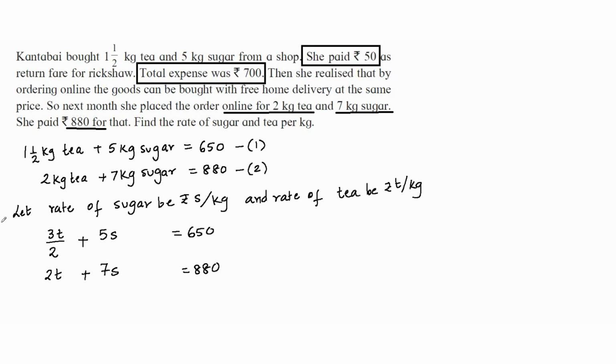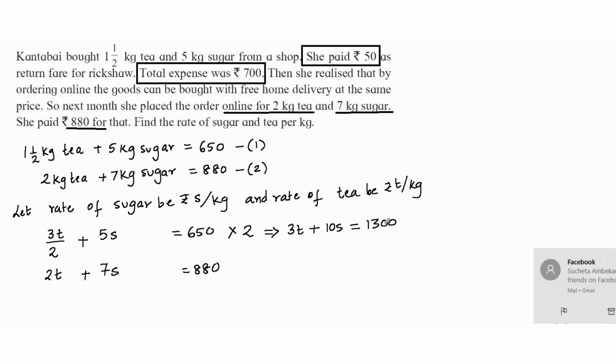Now what I'm going to do is, I don't like this denominator of 2, so let me simply multiply the whole first equation by 2. Multiplying by 2, 3T by 2 into 2 gives me 3T, plus 5S multiplied by 2 gives me 10S, is equal to 650 times 2, which is 1300.